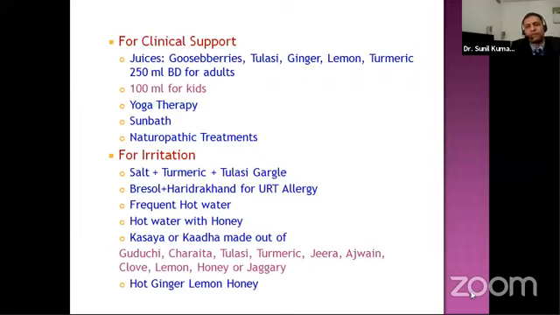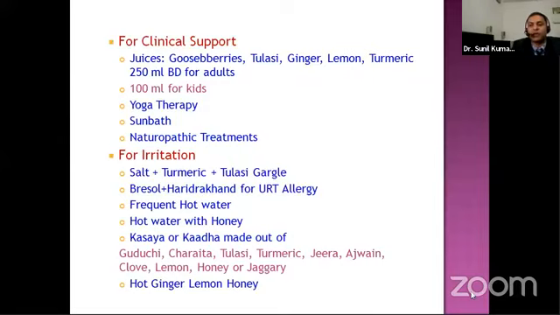I hope if you Google, you'll find it, but I've summarized 3 researches on COVID by Aayush. This has everything, like clinical support. If somebody has COVID, what? Gooseberries, tulsi, ginger, lemon, turmeric, 200 ml BD for adults, 100 ml for kids. Yoga therapy, sunbath, naturopathic treatments.